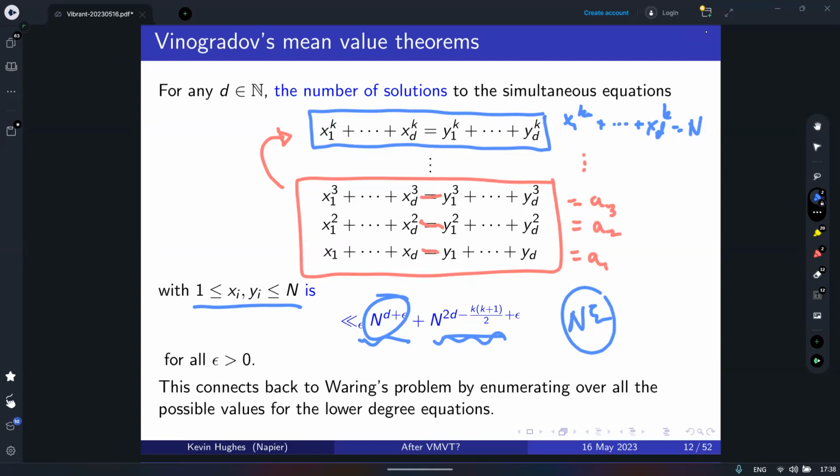Those subvarieties are where I take x1 up to xd to be anything I want, and y1 to yd to be any permutation of those first x variables. That automatically gives you d factorial solutions in the system. But that's pretty small as soon as d is quite large.